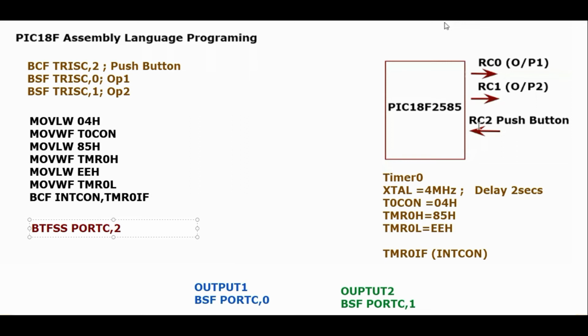PORTC means this port C, and 2 means the RC2 pin, which is the pin connected to the push button. So I'm testing whether this is receiving 1 or not. This S means set, means 1. So I'm testing whether bit number 2 of PORTC has become 1 or not. If it is not 1, then I will simply branch again, or simply test it again.